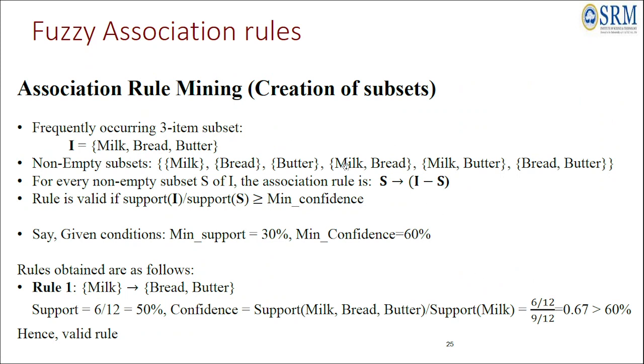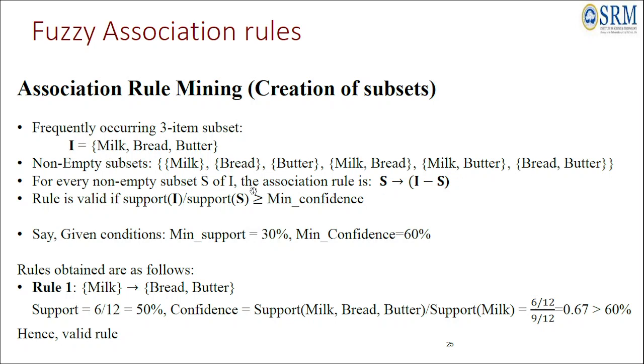How do we do it? We have to create the subsets first. So my initial three item set is milk, bread, and butter, right? The non-empty subsets are what? Milk, bread, butter individually, then milk, bread; milk, butter; and bread, butter. Right.